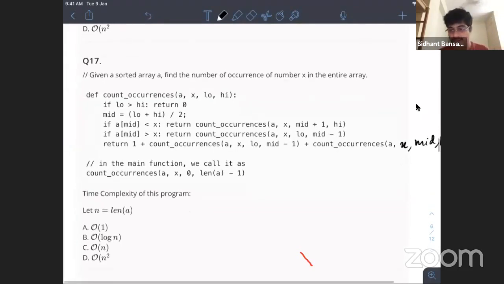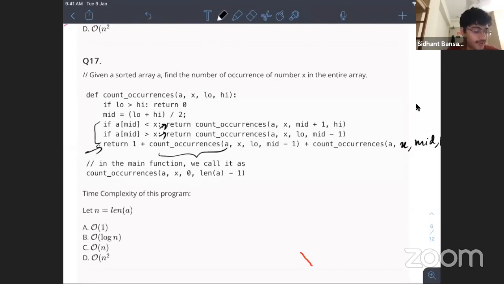So for question 17, you guys can try to go through it at your home, or some weeks later, because this has some portions of recursion and some portions of binary search in it. So I don't want to go through the entire thing. But I think it's a pretty good question because in the code, sometimes you're just calling one recursion when you're doing return this thing. But otherwise, if both of these conditions fail, you're calling two recursive calls, this one and this one.